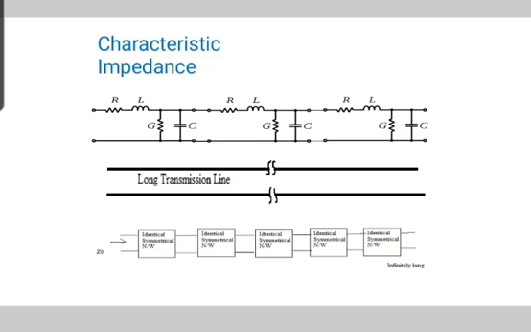So in simple language, the characteristic impedance is defined as an impedance which is looking into an infinite length of the line. So the characteristic impedance of a line can be measured at its input when the line is terminated at the far end in an impedance which is equal to Z0.